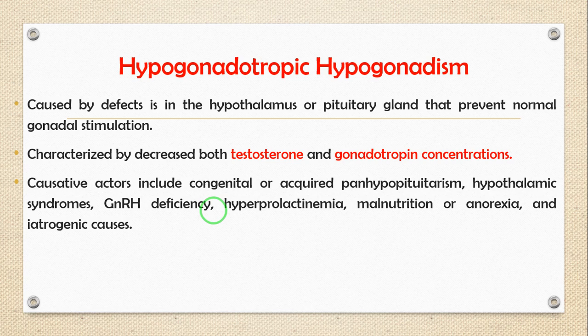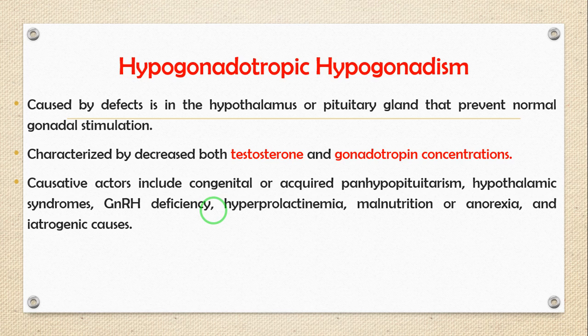Many diseases will lead to this condition. For example, panhypopituitarism. As we said, any disease that leads to destruction of the pituitary gland, for example a large tumor that destroys it, radiation, surgery, vascular injury, malnutrition, anorexia. Any cause that will affect the production of gonadotropin releasing hormone or the gonadotropins will lead to this condition, which is hypogonadotropic hypogonadism.